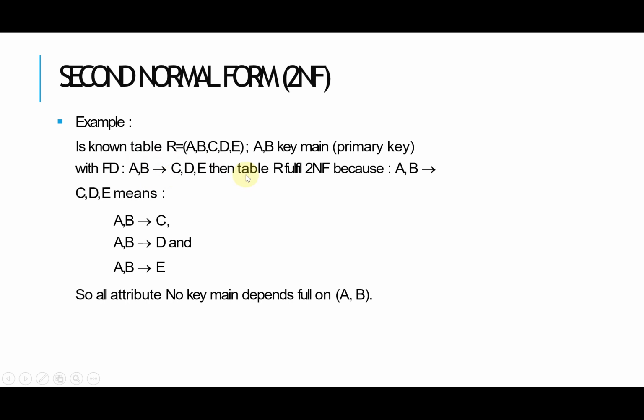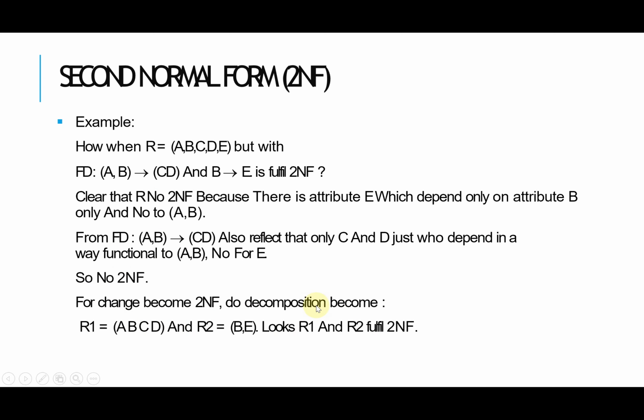Then the table fulfills 2NF because AB to CDE means AB to C, AB to D, and AB to E, so all non-key attributes depend fully on AB. But with attributes ABCDE and dependencies AB to CD and B to E, it is not 2NF, because attribute E depends on only part of the key, B, and not on AB.